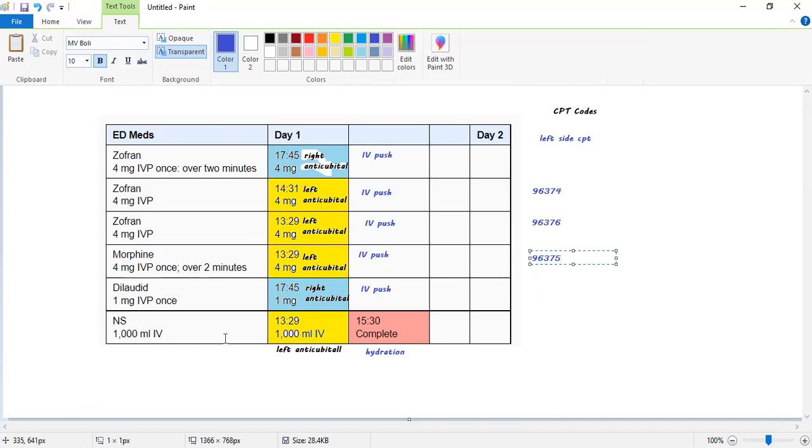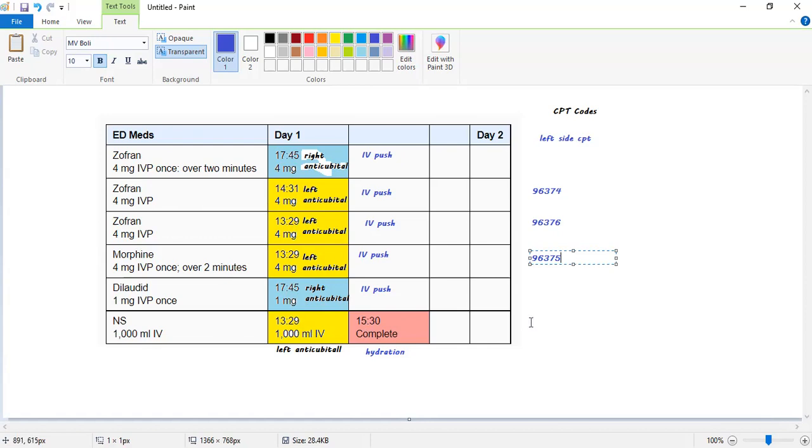And we also have NS, right? 1329 to 1530. We have to code this, but before coding it, we have to subtract the IV push time. Is there anything that we need to subtract? Okay, 1329 to 1530, we have at least 2 hours.